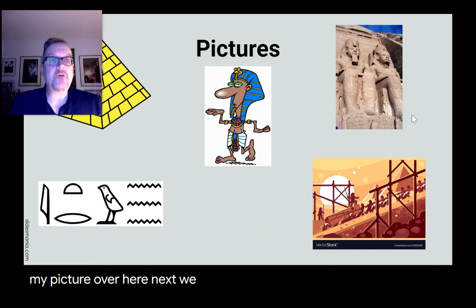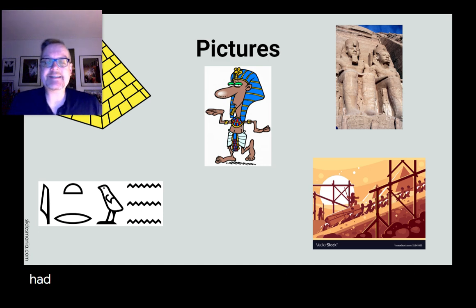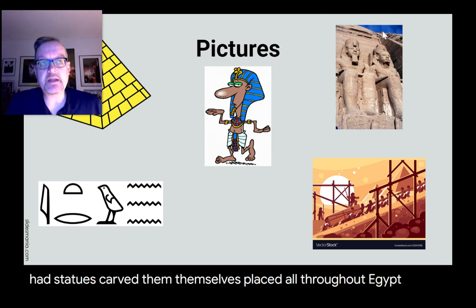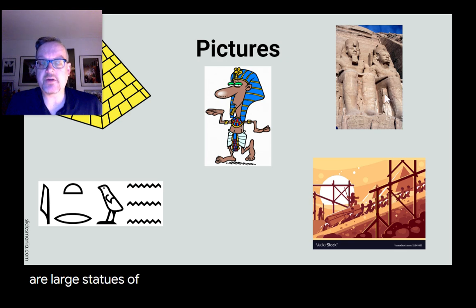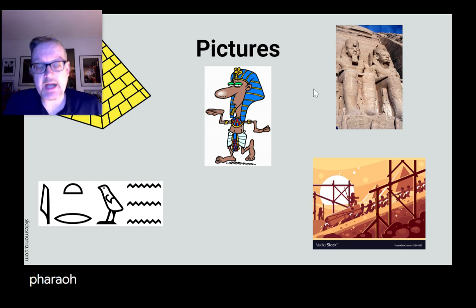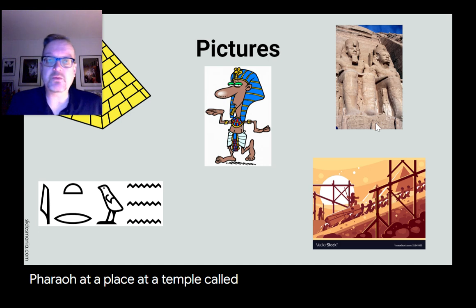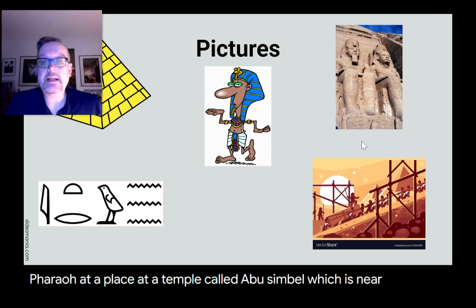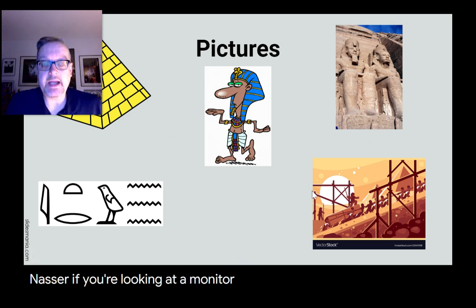Next, we have art in the form of statues. Pharaohs had statues carved and placed all throughout Egypt. These are large statues of Pharaoh Ramses the Great. He was a New Kingdom pharaoh at a temple called Abu Simbel, which is near Lake Nasser if you're looking at a modern day map of Egypt.